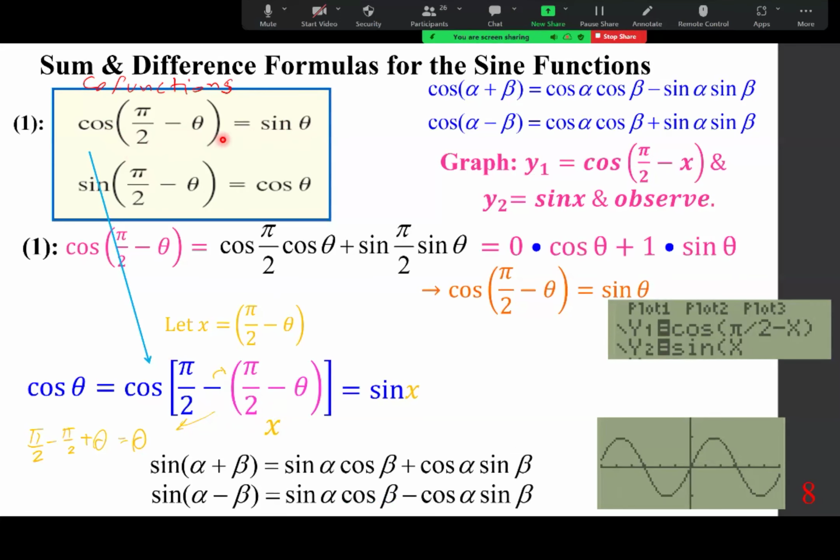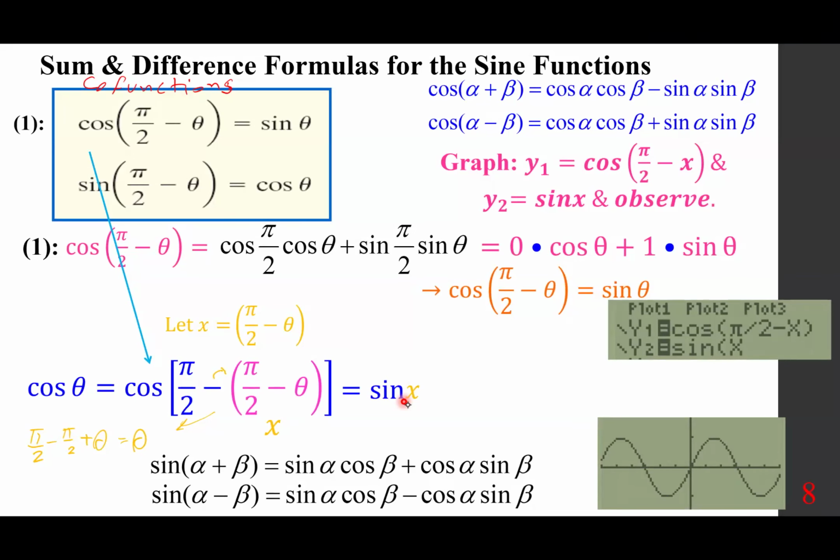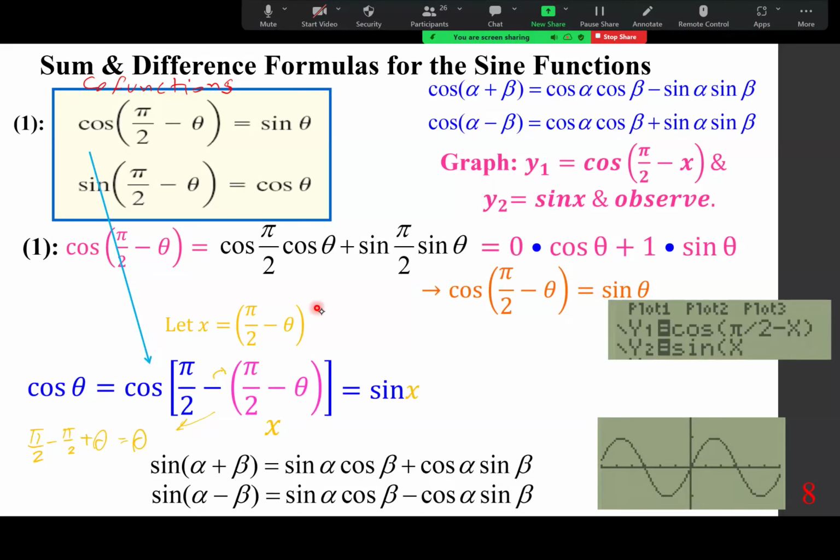Because cosine of pi over 2 minus theta is sine theta, cosine of pi over 2 minus x must be sine x. Now what is x? Pi over 2 minus theta. Replace the x with pi over 2 minus theta.